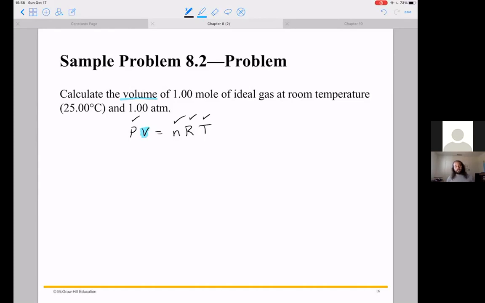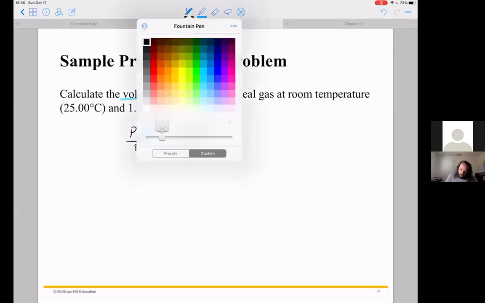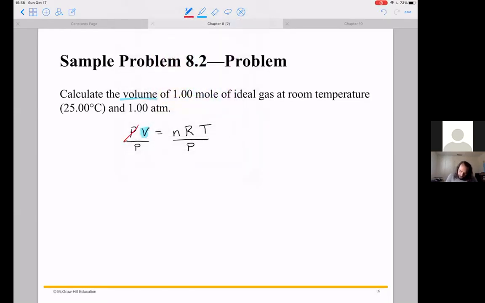We always just look R up from that constants page. So I'm going to take this equation and rearrange it to solve for volume, which means that I need to divide both sides by pressure. Over here on the left, the pressure will cancel out. And so I'll be left with a new equation: volume equals nRT divided by P.